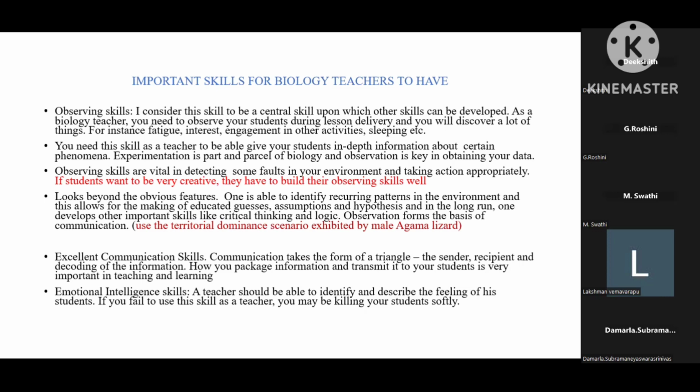So if another male agama lizard is coming into that habitat, the one that was already living there tries to protect it, and that's what we call territorial dominance. So this agama lizard was protecting its territory by fighting the other male agama lizards.